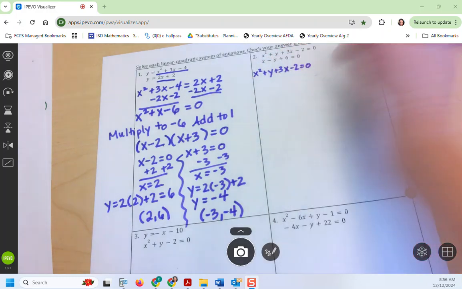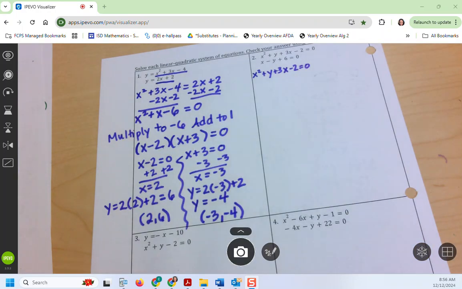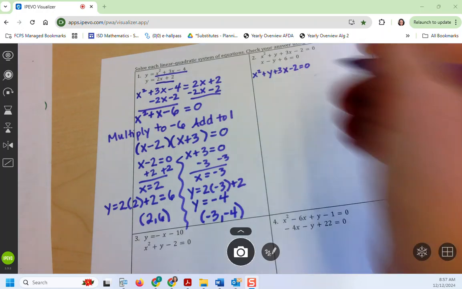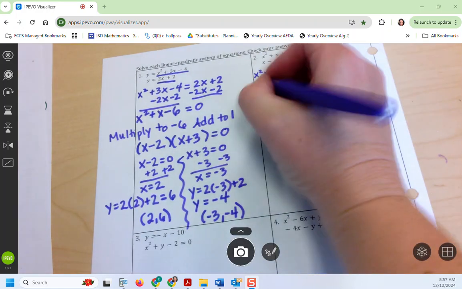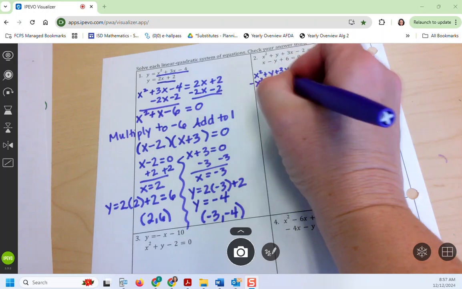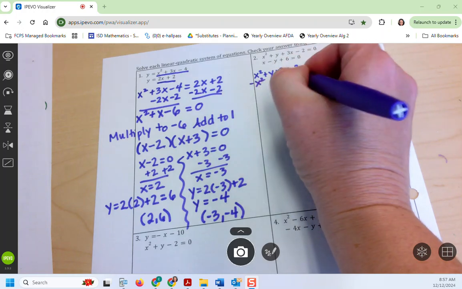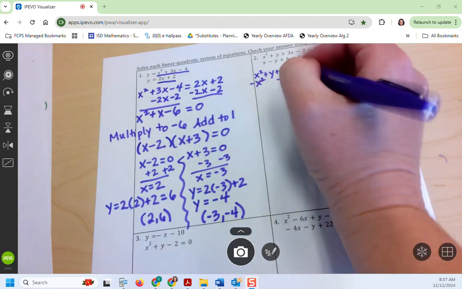All right, here's my first equation. I need to get y by itself. It seems difficult, but it's actually not. All right, so to get y by itself, I'm just going to subtract the x squared, subtract the 3x, and add the 2. See, because I'm doing opposite.